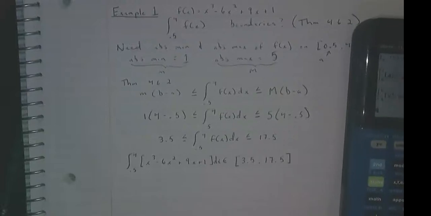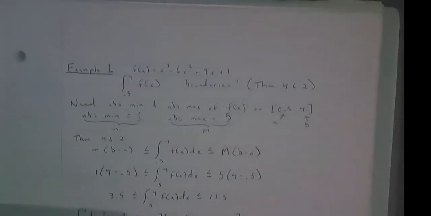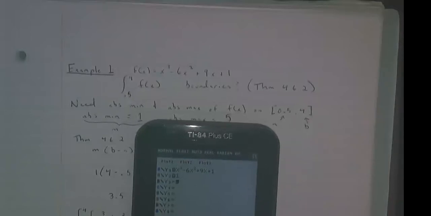And so graphically, if we were to graph this, yeah, that's actually kind of a good idea, let's do that. X cubed minus 6x squared plus 9x plus 1, and then we'll also graph 1 and 5.